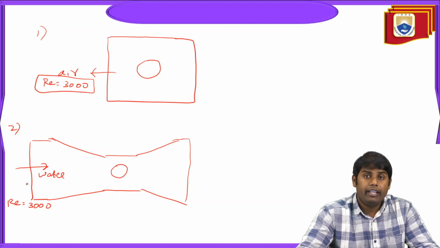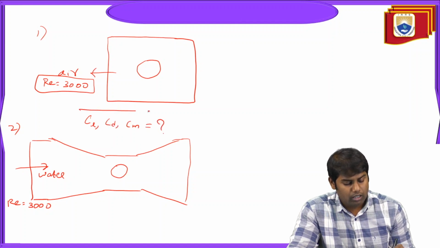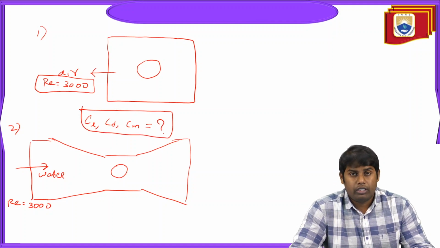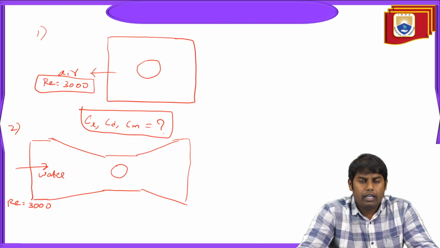So will the results vary? Results vary in the sense, what happens to Cl, Cd, Cm? Will it be the same or different? There will be some questions. Just imagine you have a cylinder and air is flowing over it, and again you imagine you have water passing over it.